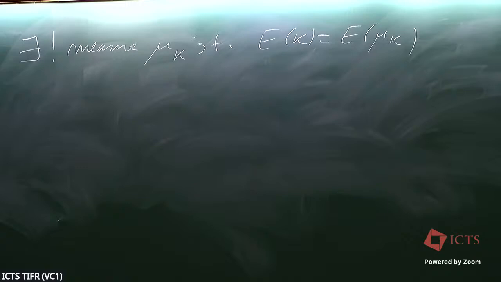Okay, and now the point is the following. Observe that when I have a set of capacity bigger or equal than 1, so let's assume that I have K, a set of capacity 1.